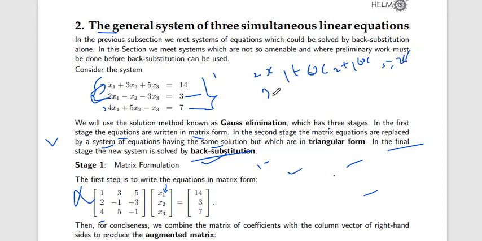And the second equation stays the same: 2x1 minus x2 minus 3x3 is equal to 3.